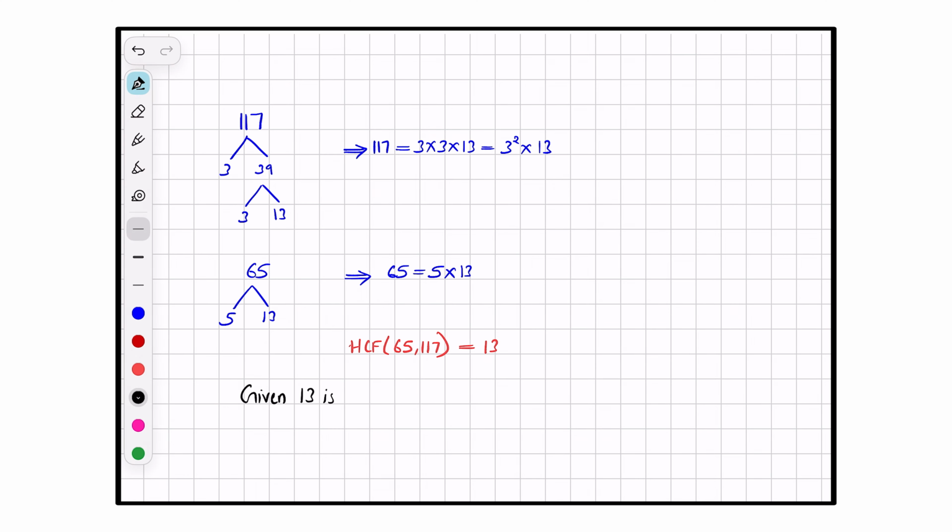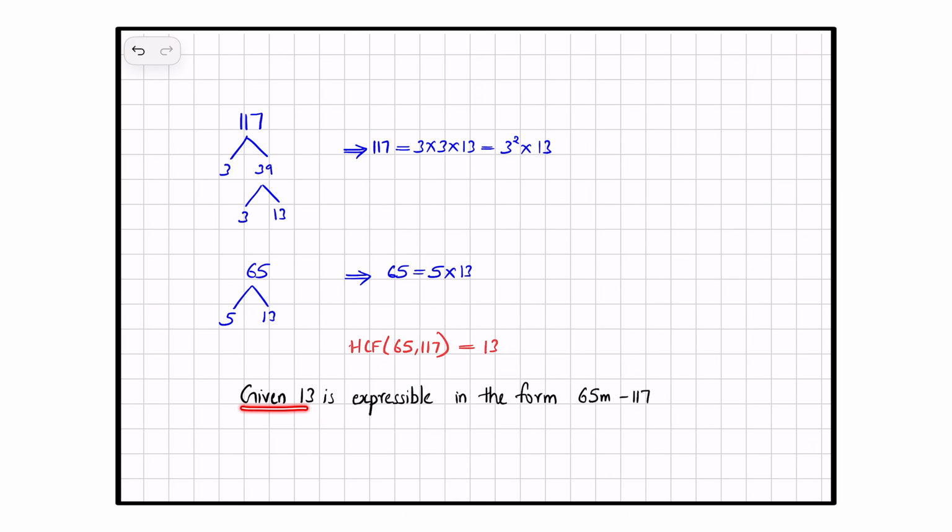Now it's given that 13 is expressible in the form 65m minus 117, so we just have to equate 65m minus 117 to 13.